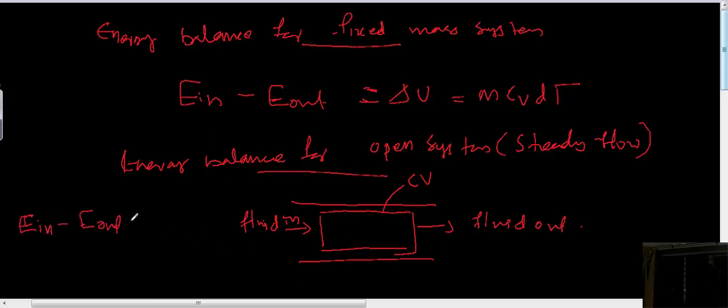Then E in minus E out is equal to m delta H. We know that H is equal to U plus PV, where U is the internal energy of the fluid and PV is the flow energy of the fluid, that is the energy needed to maintain a flow through this pipe. And we know that enthalpy change is m dot Cp dT. So this will be equal to m dot Cp dT.